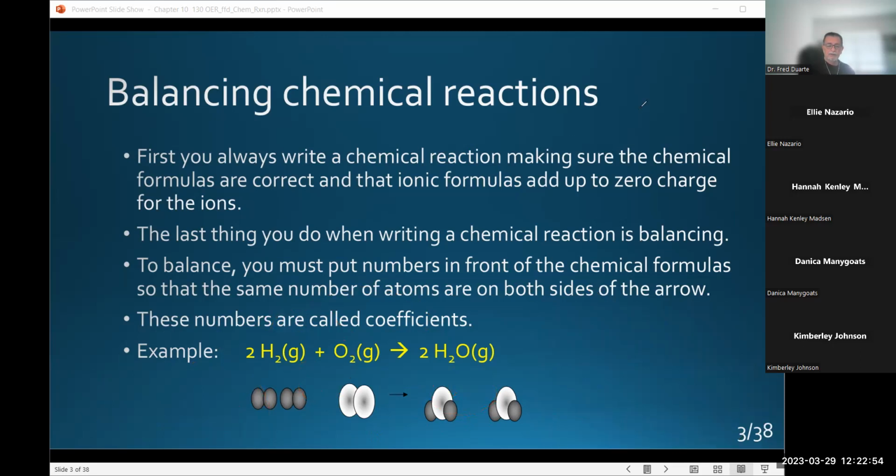Okay. Now, the other thing about balancing these chemical reactions is, let's say for argument's sake, that instead of a 2, you come up with 4, 2, and 4. Now those numbers still keep the reaction balanced, but as we do in mathematics, you want to bring it down to the lowest ratio.